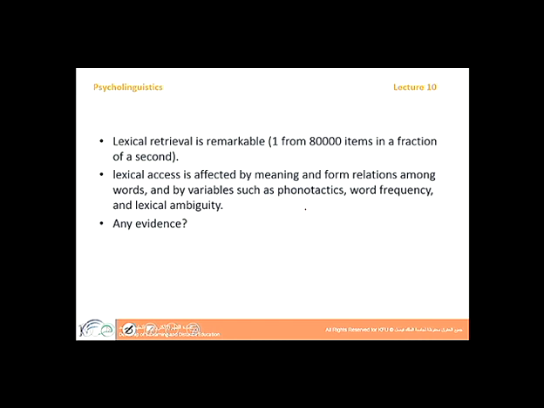So you retrieve one word from 80,000 words, roughly, in less than a fraction of a second. In no time, you retrieve it, and you send it to syntax. So you hear it first, and then you retrieve that lexical item, and then you send it to the syntax. Then the syntax would give you the meaning. So all of this takes place in less than a fraction of a second.